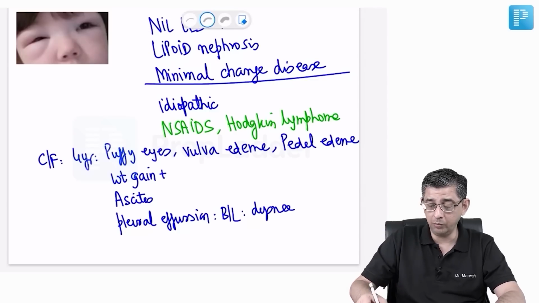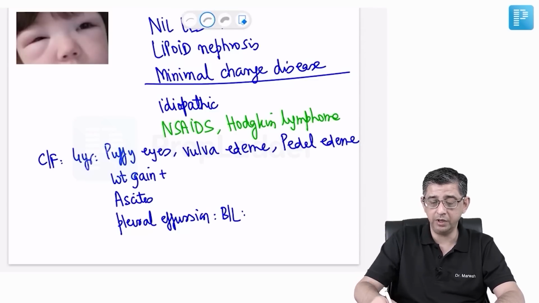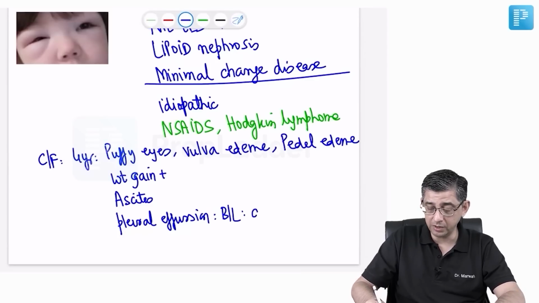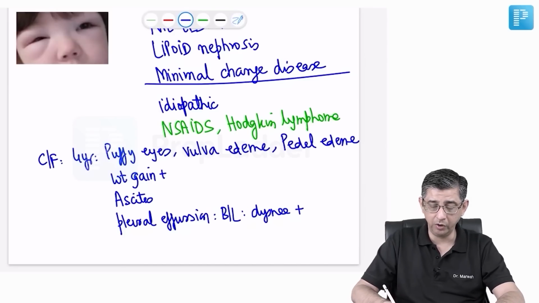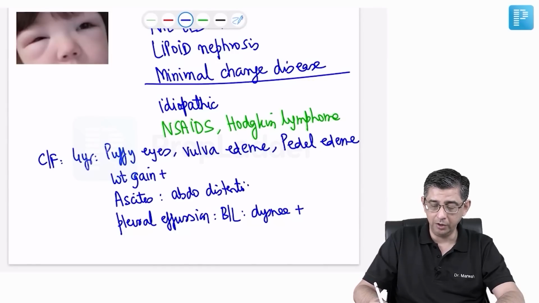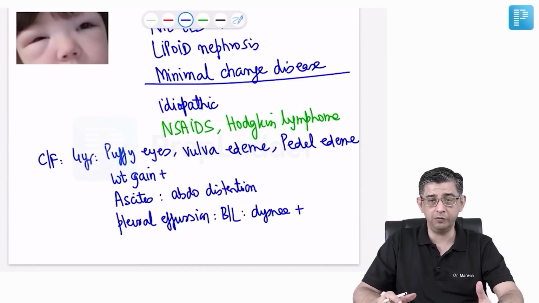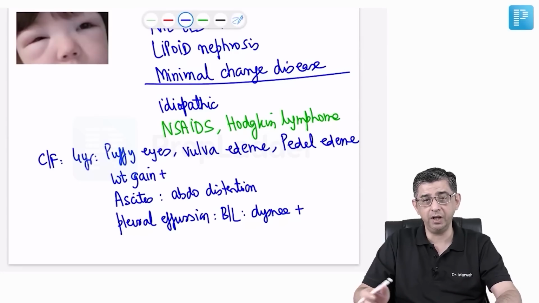So lots of times you would have noticed minimal change disease children having breathlessness, and you are wondering, this is a puffy child, what really happened? It's the pleural effusion component which is present, and ascites will contribute to abdominal distension, and you can understand from abdominal distension why the new dress that the mother had bought for festival time is not fitting.